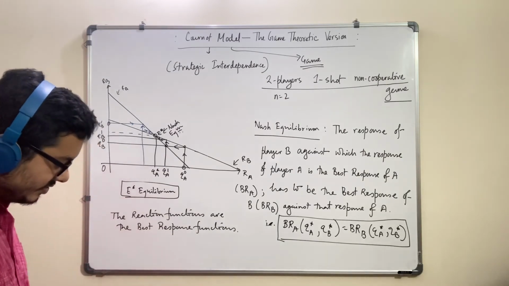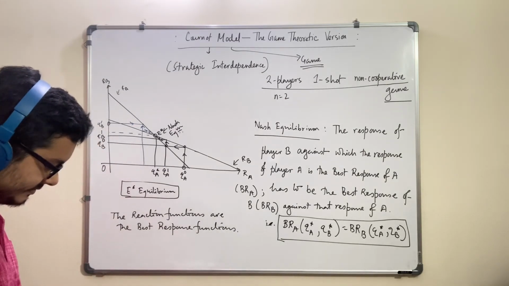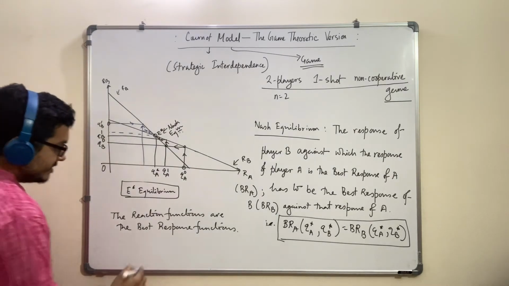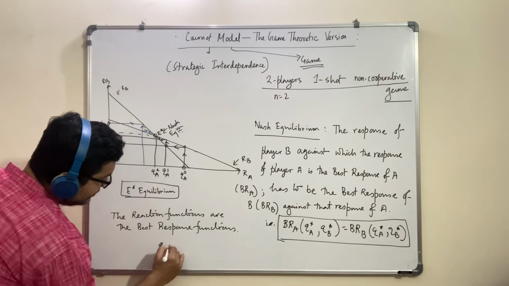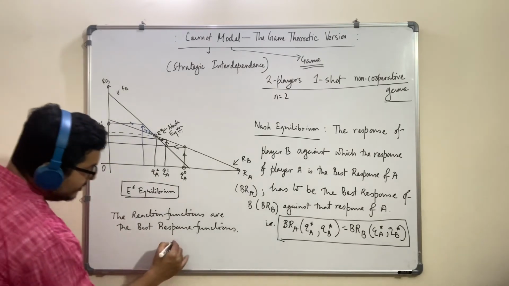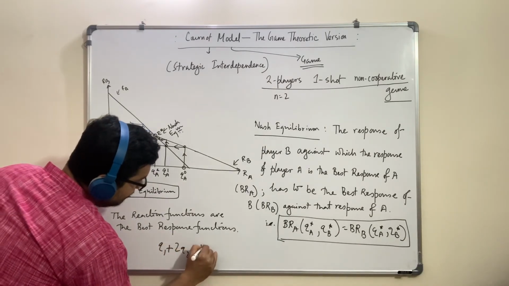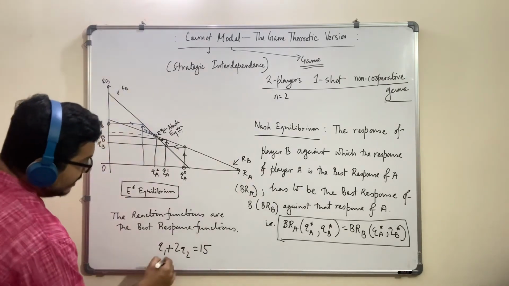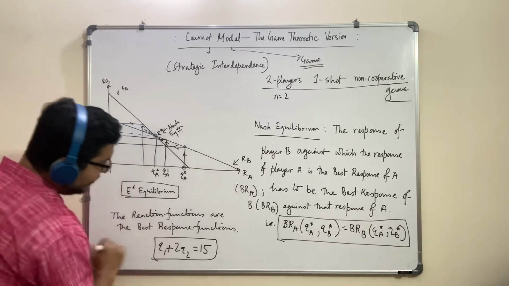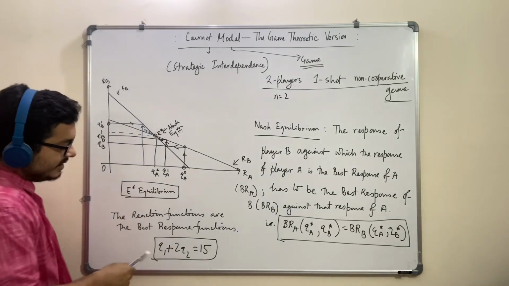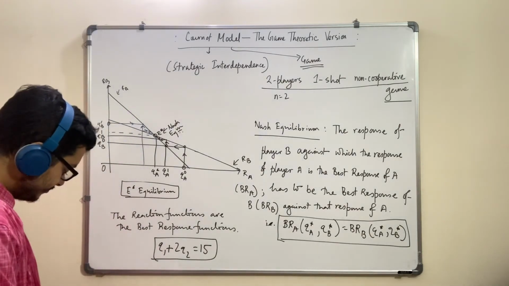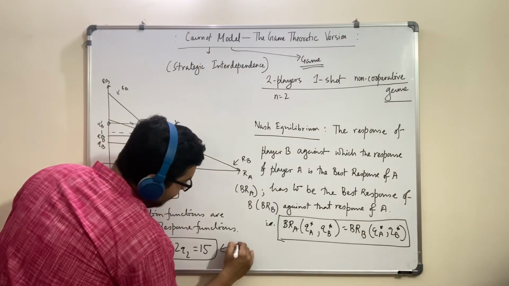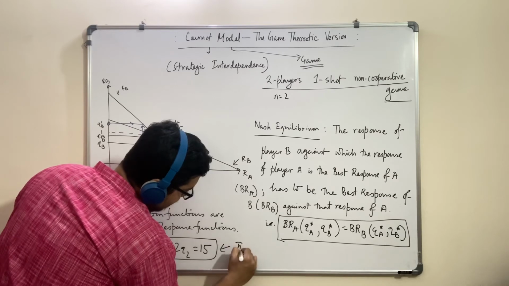Okay, so if we take this best response function or the reaction function Q1 plus 2Q2 equal to 15, something that we derived in the problem solving class. So what we are saying is that this, it came from the profit maximization problem of firm 2.